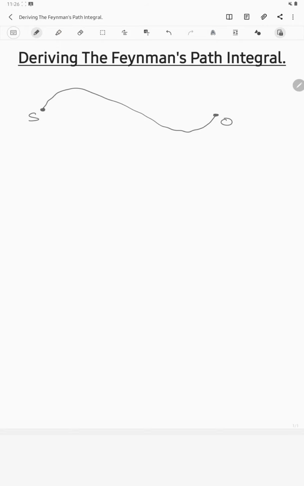And we said that we approximate this path by some straight line segments. So that was something like this, right? And then we said that we let these segments tend to 0.